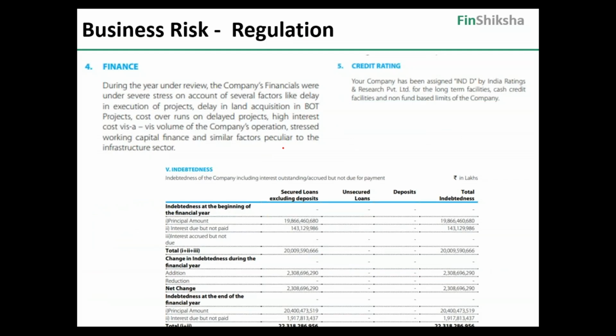Let's understand this. In the infrastructure business, there's a lot of regulation which plays, and because of that, most of the companies take heavy debt and then they are not able to repay it. Again, this is the example of Supreme Infrastructures. I keep on saying Supreme Industries, but Supreme Industries is a different company. This is Supreme Infrastructures.